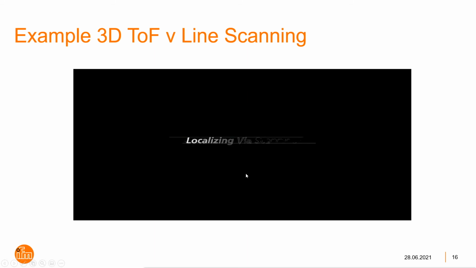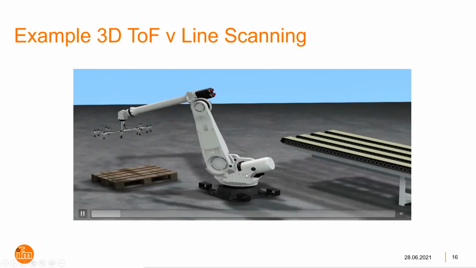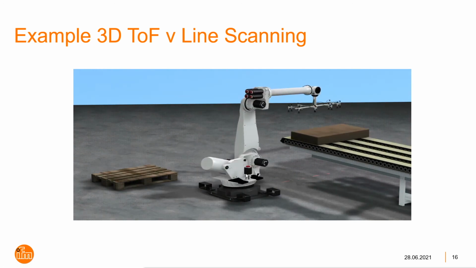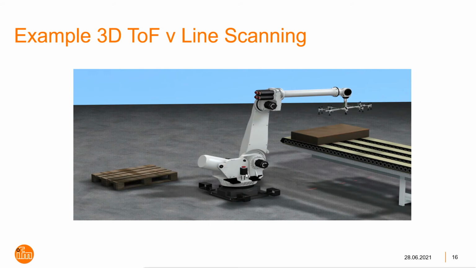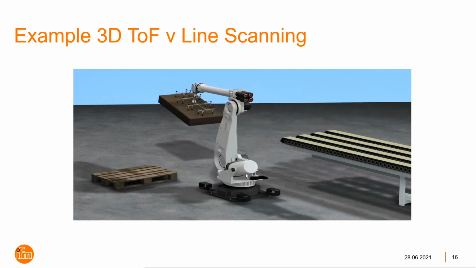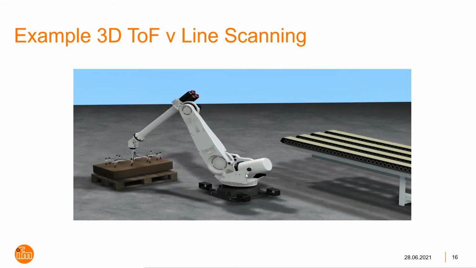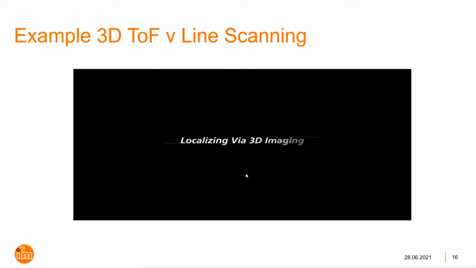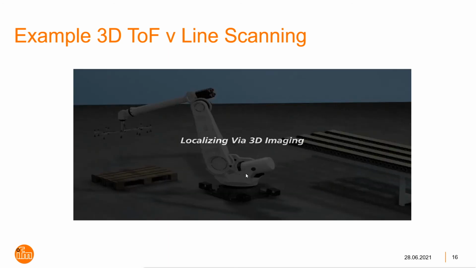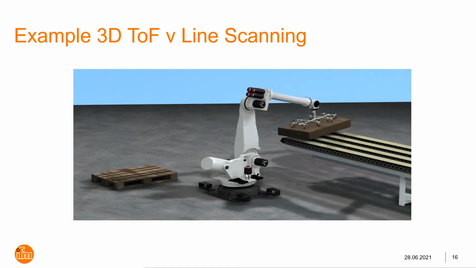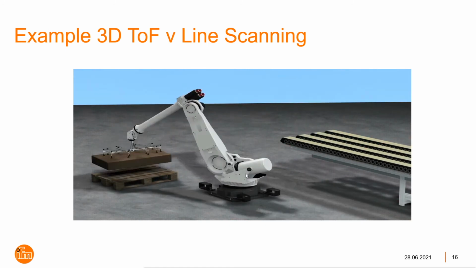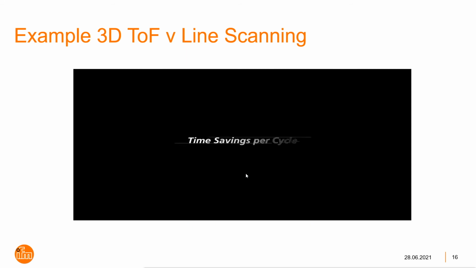We've talked about the speed of time of flight versus line scanning. So this is just a little simple animation which brings that point home in a very simple fashion. So we scan the object with a line scanner in a traditional manner. And then we compare that against using a time-of-flight camera, and then combine the two together.